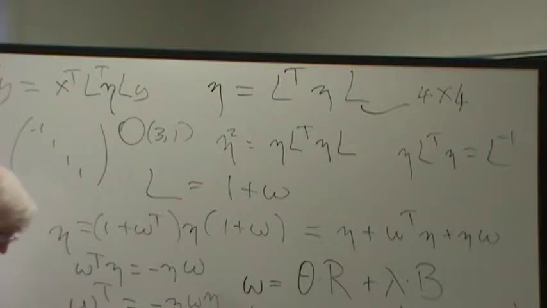What you can see from this is that under transposition, the time and the space elements of omega change sign, while the time-space and space-time elements of omega do not change sign under transposition.